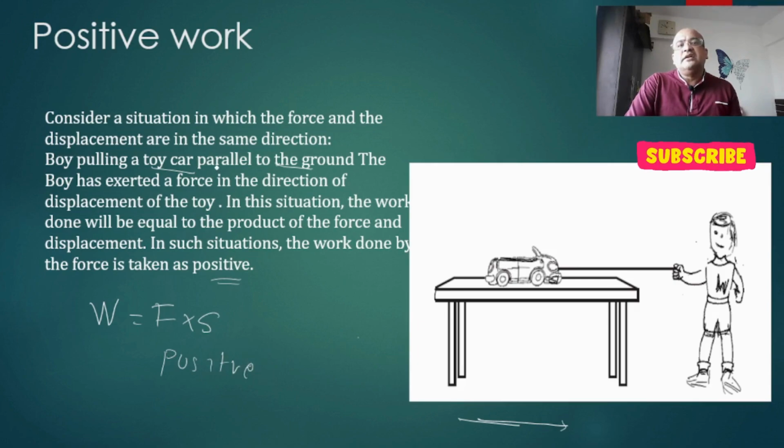You will see that the force is applied and the displacement is in the direction of the force. The boy is pulling this toy and the toy is moving in the direction of the force applied. So in this case, the work is a positive work.